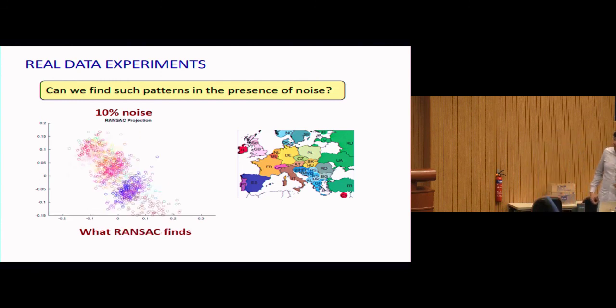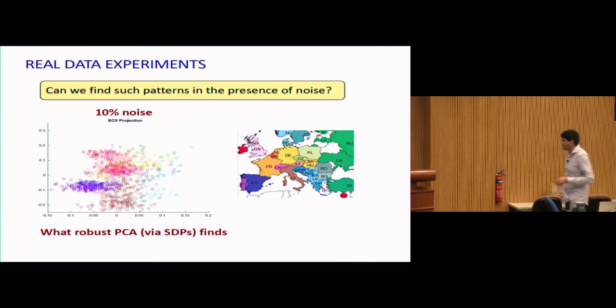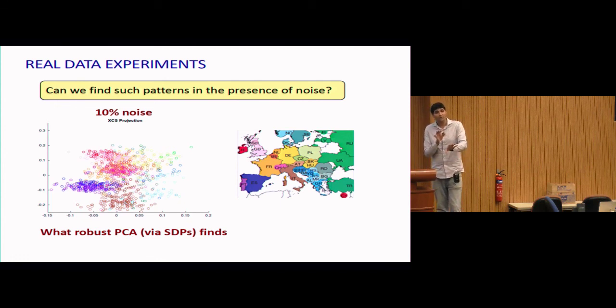We can try it empirically with things like RANSAC. They also do pretty badly in finding this map of Europe. There are other approaches, like robust PCA, which is formulated in a slightly different way, with approaches based on semi-definite programming that do the trick. Usually those have ingrained assumptions about the rank of the uncorrupted matrix.